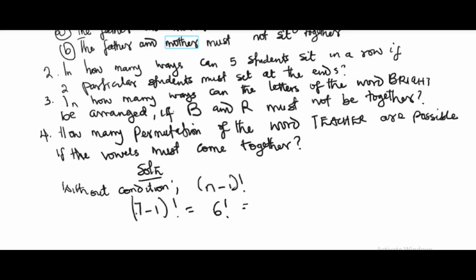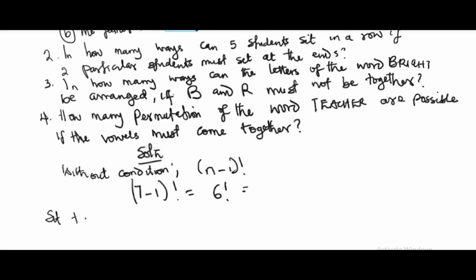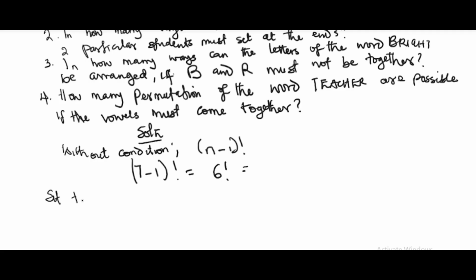Now, if we bring in the condition of them sitting together and not sitting together, what is the next thing to do? So the first one to solve is if they must sit together. So if they must sit together, what happens? Now there are 7: 1, 2, 3, 4, 5, 6, 7.